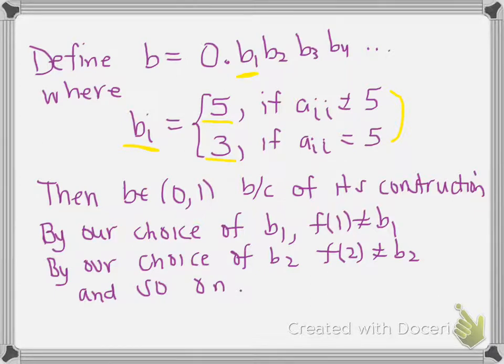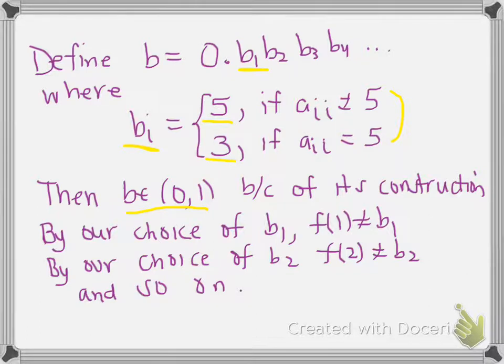But if this number is anything other than 5, then this number is going to be a 5, okay? And you do the same for B sub 2, you look at this f of 2, okay? So because of how we constructed it, this digit right here is either going to be 0.5 or 0.3, right? And because of its construction, we know that B is going to belong in the interval (0, 1).